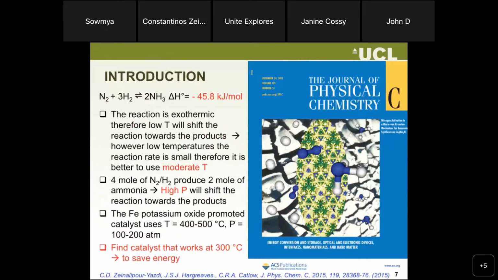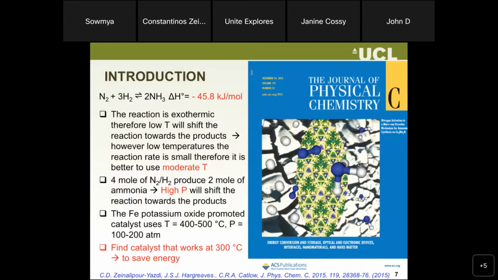It's very important to acknowledge that the ammonia synthesis reaction is exothermic. Therefore, low temperature will shift the reaction towards the product. However, if the temperature is too low, then the rate of the reaction is not high, and therefore what you actually need is moderate temperatures.